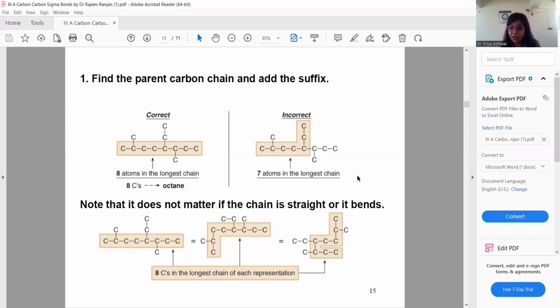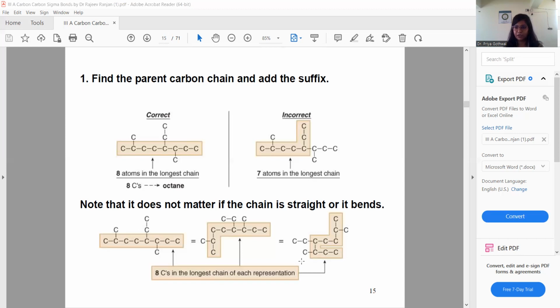This is the incorrect numbering. So first of all, find the parent carbon chain and add the suffix. After that, note that it does not matter if the chain is straight or bent. The chain may be straight or bent in the nomenclature system.